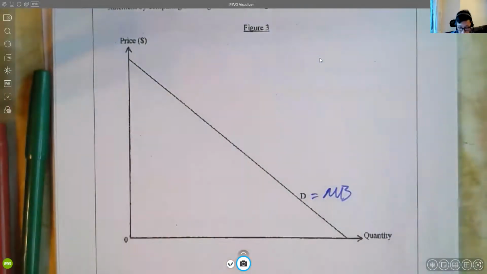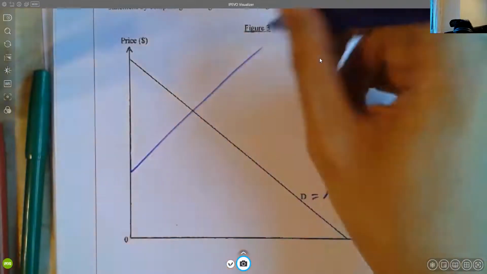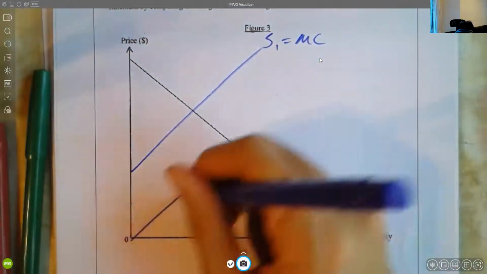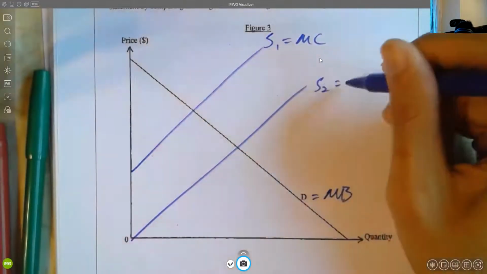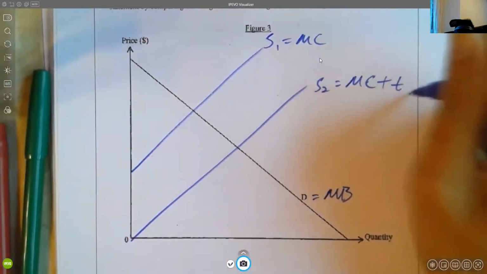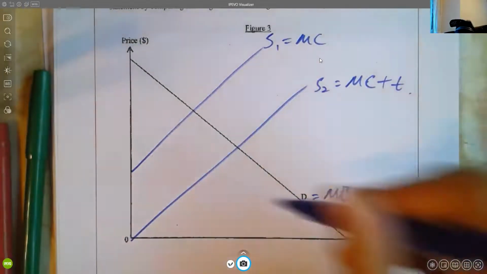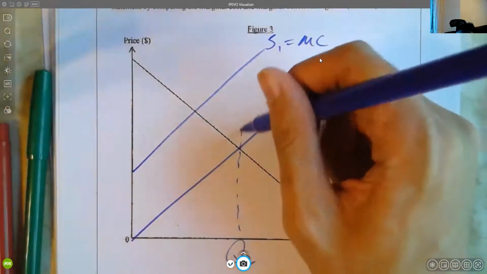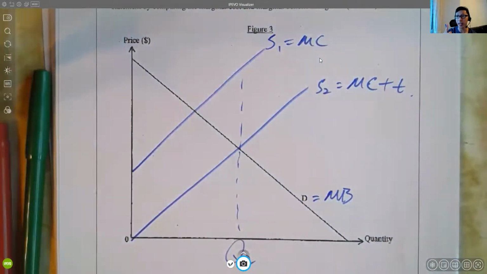Okay, now here, demand equals MB, right? Now remember, per unit subsidy, leave some space for yourself. Now this is S1 equals MC, right? Now this is our S2 equals MC plus T. 好嘛？Now remember, Q2 is the quantity now. 嗱點做咧？睇住咯噃。In fact, to find the deadweight loss, we just need 3 points.